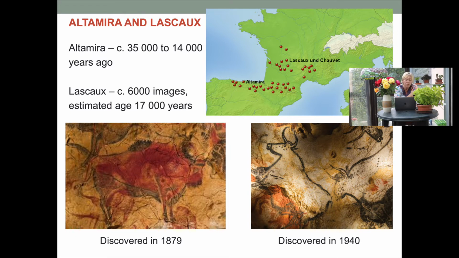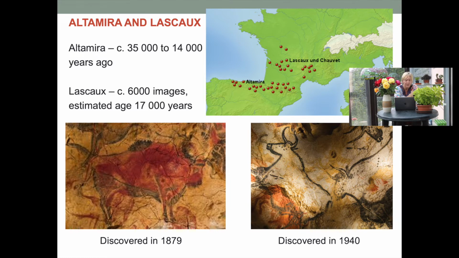There are also similar paintings, not as old as the ones in Spain, in France, especially around the cave of Lascaux. Here you have a small map how to situate these places, and here you have some examples of those paintings. They were mostly discovered accidentally.